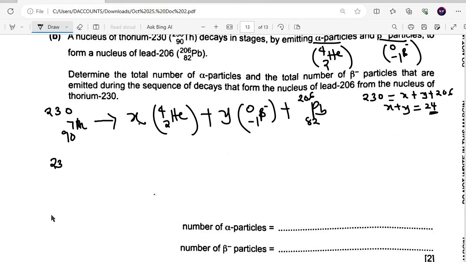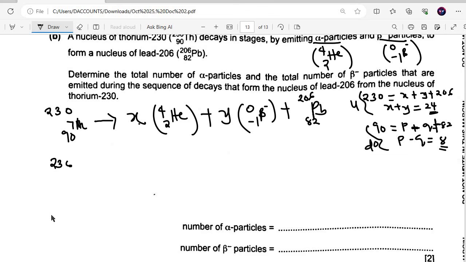Now the down part: 90 equals P minus Q plus 82, so 90 minus 82 is 8. So P minus Q must give me 8. This is the down part, and this is the upper part.